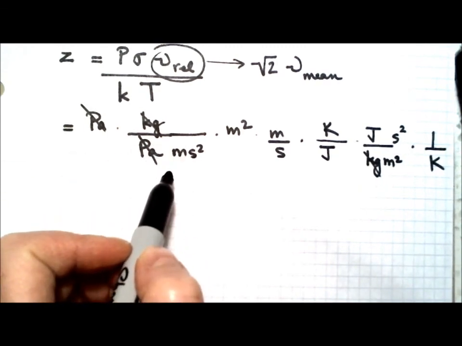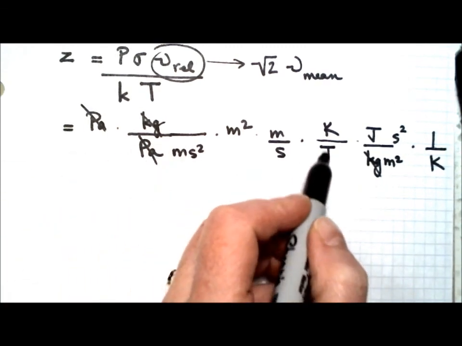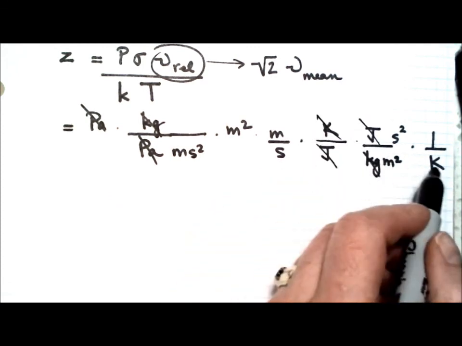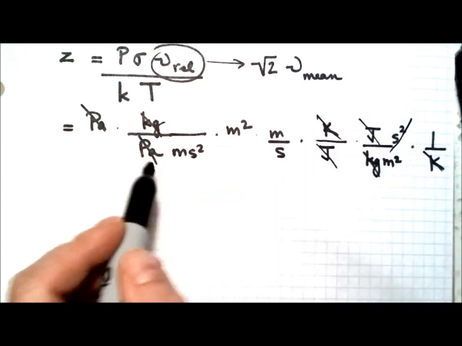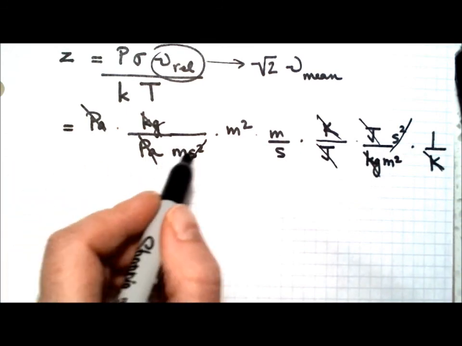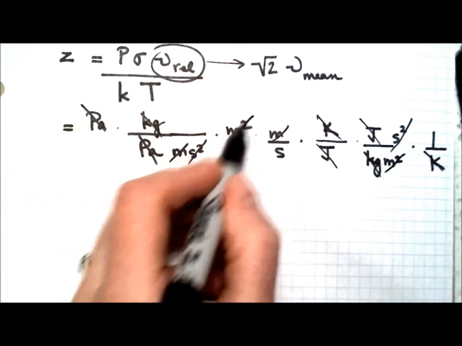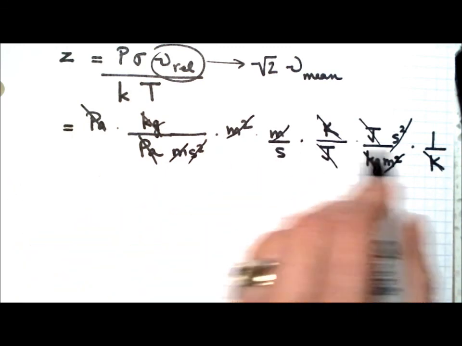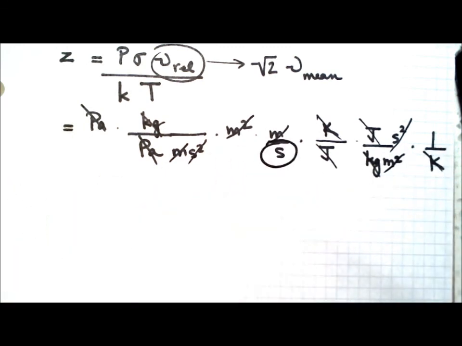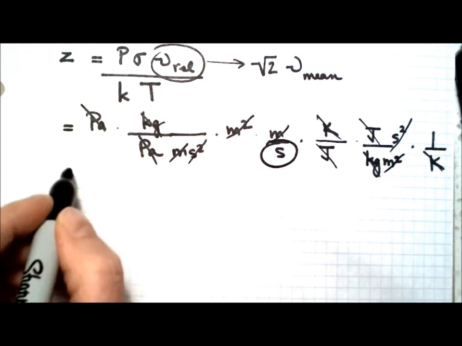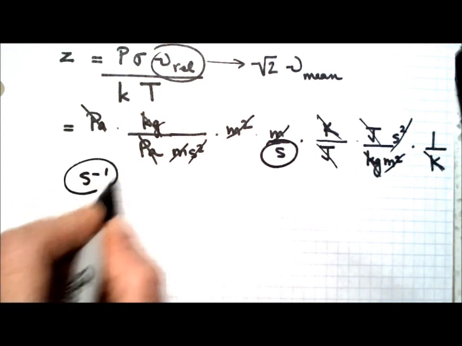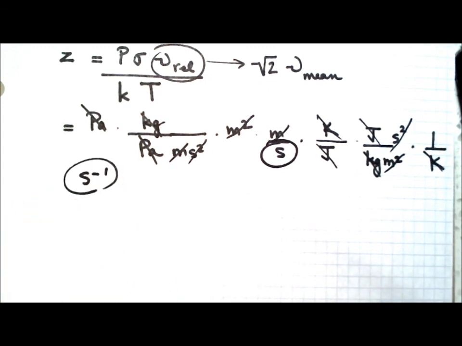Joule, joule, Kelvin, Kelvin, second squared, meters, meters, meters squared, and the only thing I'm left with besides that number 1 is seconds on the denominator, and so my units are indeed seconds to the minus 1. Great.